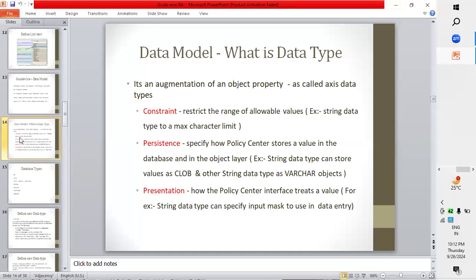That's the reason why you should write down these points. There are three types of data types that are related to data model. The first one, constraint.